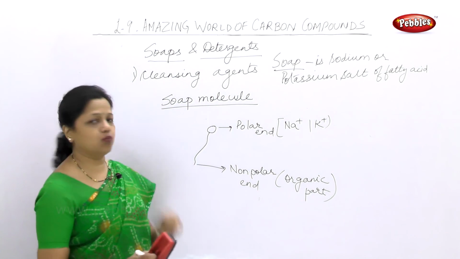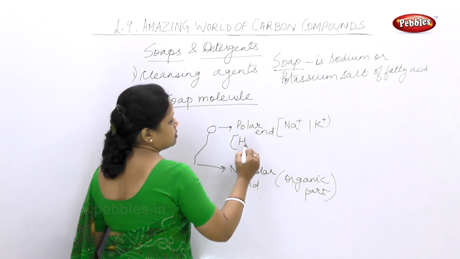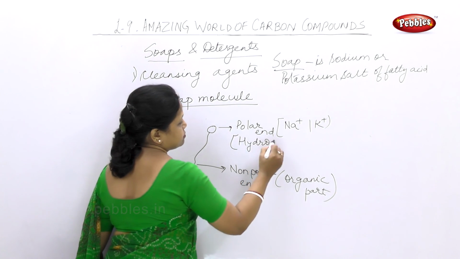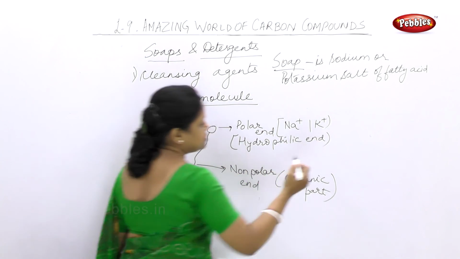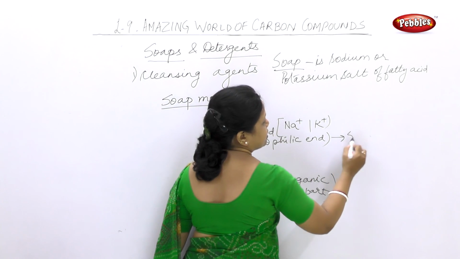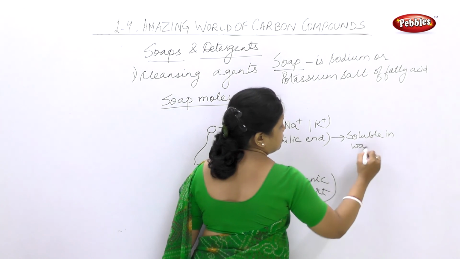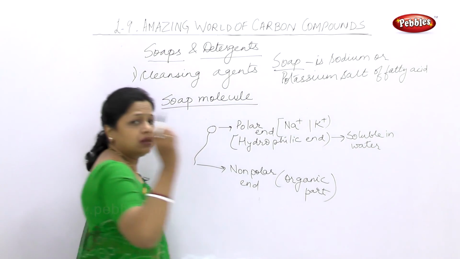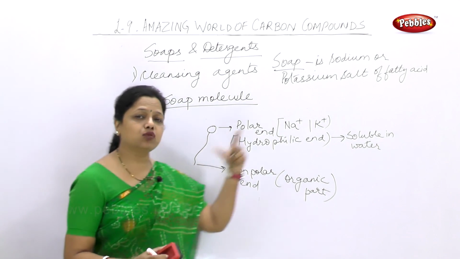Now this is the soap molecule. This end is also called the hydrophilic end. That means this end is soluble in water. Imagine such a small soap molecule, it has two parts, and those parts have so many names.